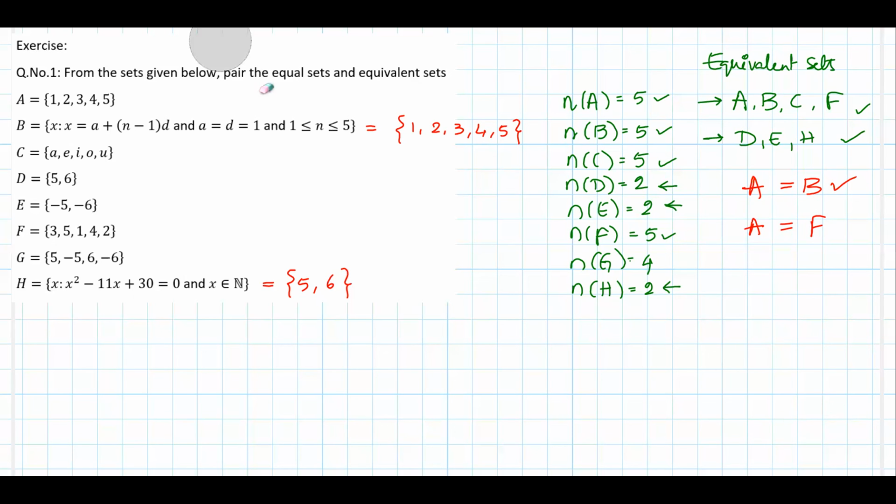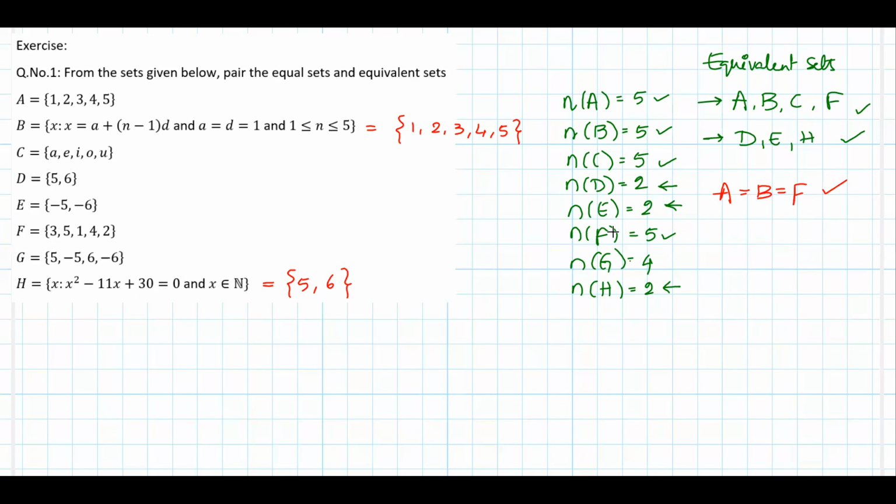So what we can do is keep it in a single formation: A is equal to B is equal to F. That's clear. And none of them are equal to C. That's completely separate. So this is the first case based on cardinal number 5. Now we'll focus on cardinal number 2 combinations, D, E, H. D, the elements are 5 and 6.